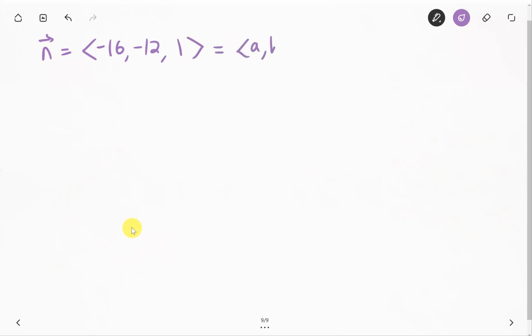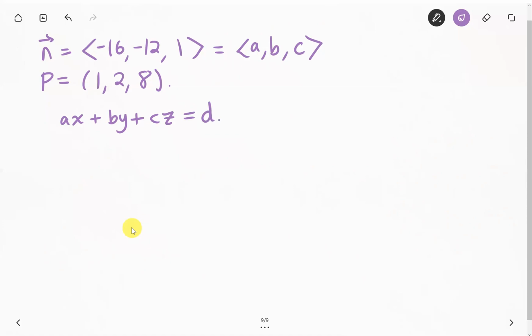That's like the A, B, C in the equation of a plane in general form. We also have the point P equals (1, 2, 8) that we calculated before. And we know the equation of a plane is Ax plus By plus Cz equals D. So we'll just substitute some things in.